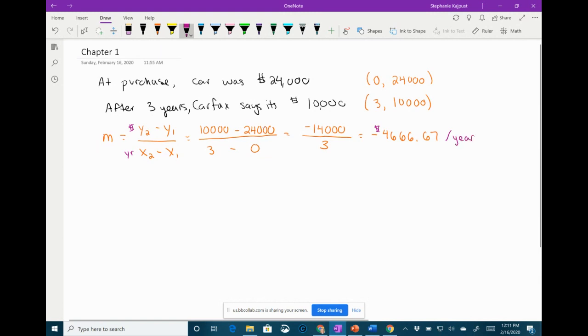So that's every year that I own the car, the value decreases by $4,666.67. That negative means that it is decreasing because we're always subtracting that much money. So that's our slope. That's how much the value of my car changes each year, which is by quite a bit.